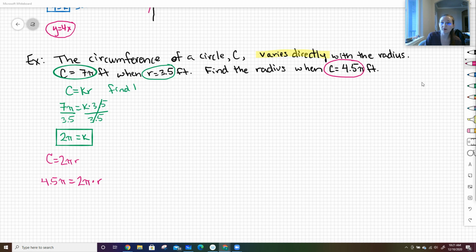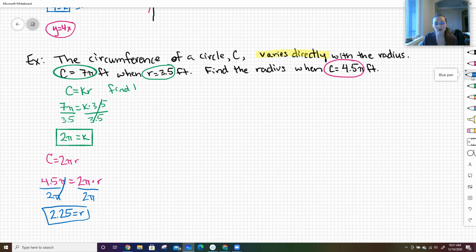So now I can divide off my 2 pi. And in this case, my pi's are going to cancel, so I just need to know that 4.5 divided by 2 is 2.25, equals r. Now that's not the only way to solve it, but that is certainly one method. If you have another way to solve it that ends up with the same place, awesome.